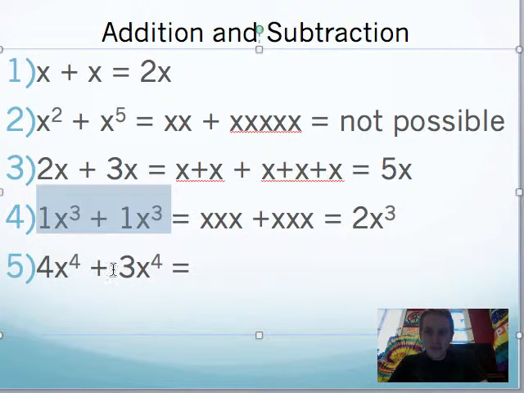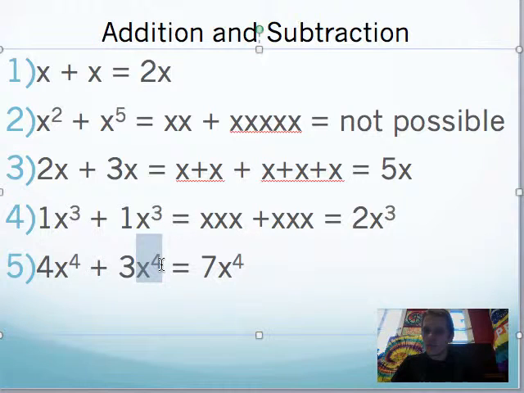This last example, kind of bringing it all together, if you've got the same power right here, x to the 4th, x to the 4th, well, all you need to do is add those coefficients together. So 7, and then we keep that power, x to the 4th power. So as long as the variables are like terms, all you need to do is add those coefficients, and you can get your simplified version right here, 7x to the 4th power.